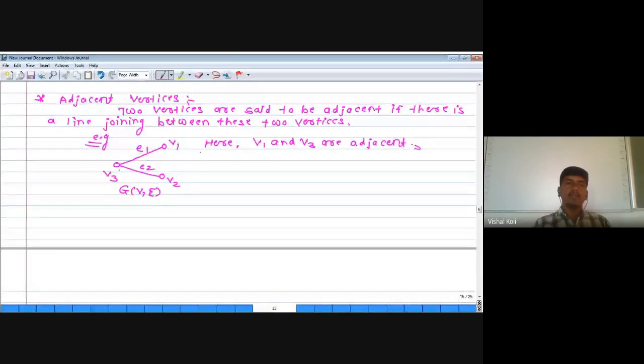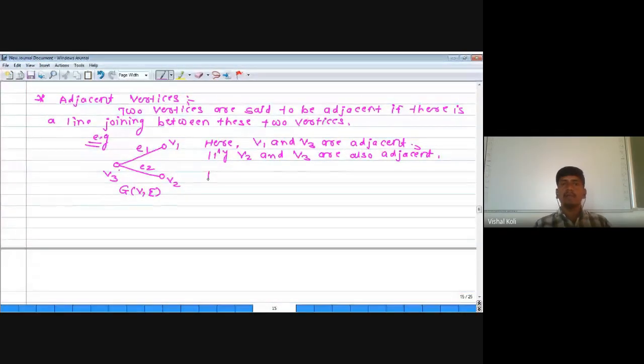Similarly, V2 and V3 are also adjacent, since there is a line joining between the vertex V2 and V3, that is edge E2.